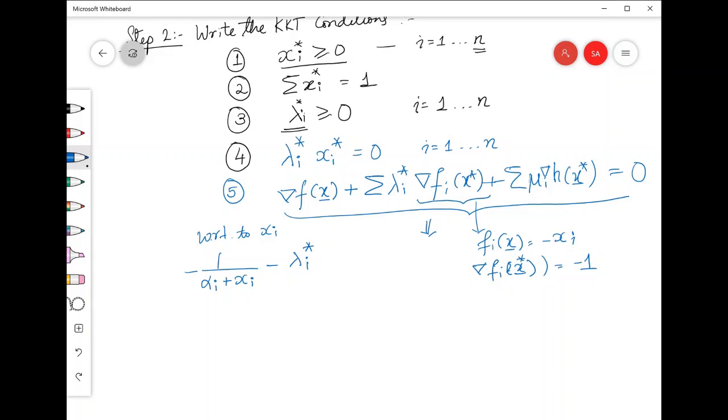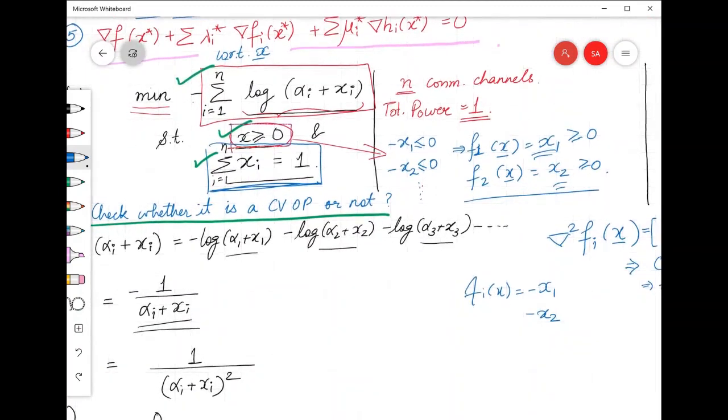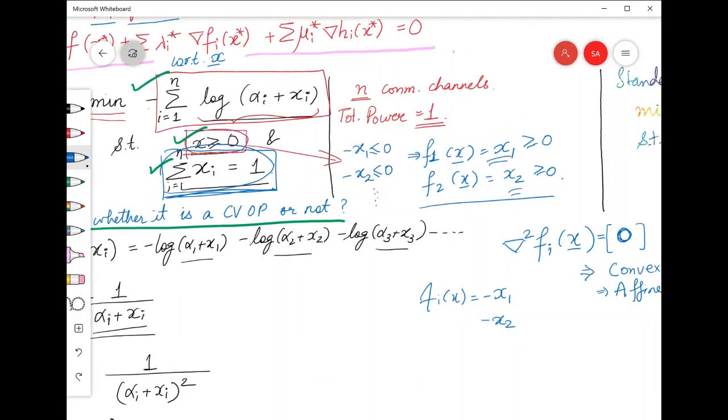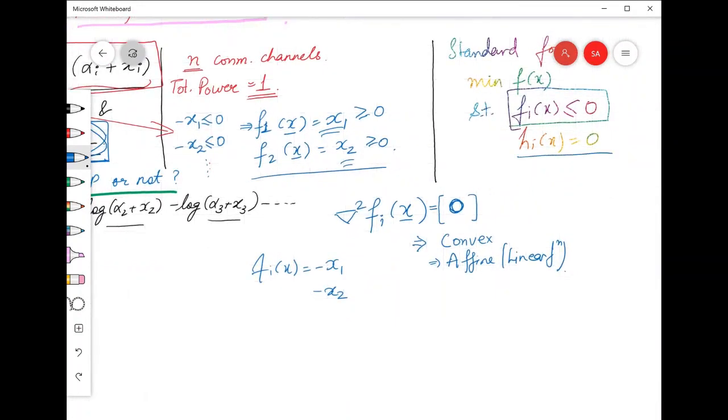And then what about h of x? It is the summation of x_i equals 1, and again I have to convert this into the normal form, h of x equal to 0.